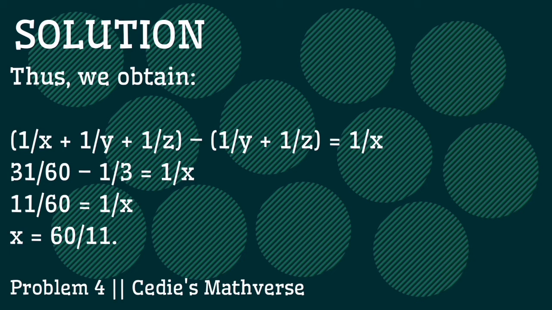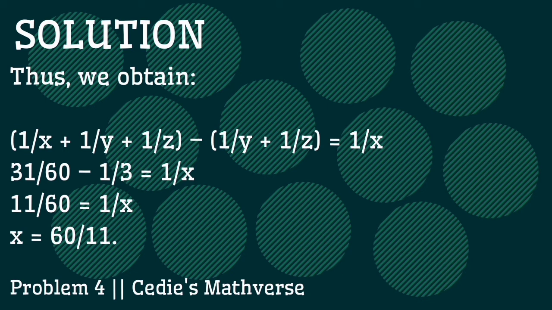And we already know the values for the two mentioned equations. So we just plug in to solve for 1 over x. We have 31 over 60 minus 1/3 equals 1 over x.